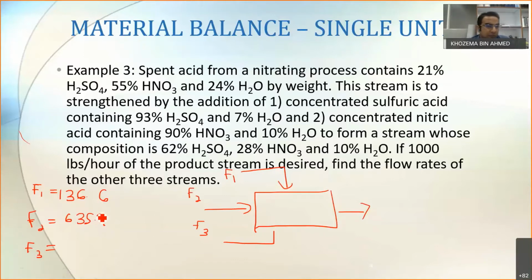And the final one is the flow rate for your concentrated nitric acid. What is the answer for the final one? 227.91. Okay, 227.91.